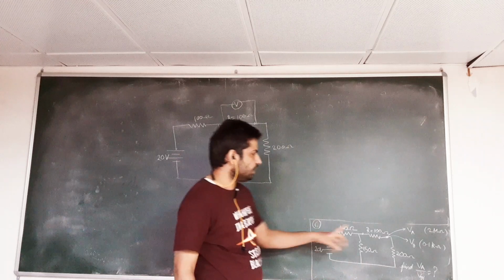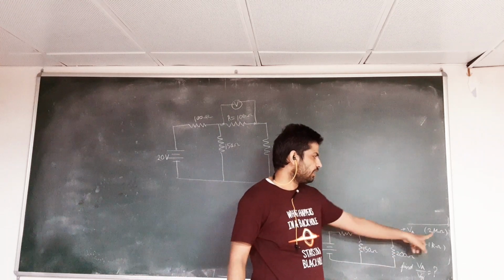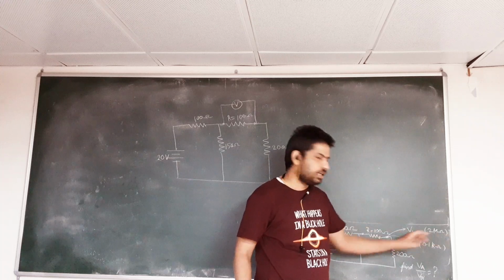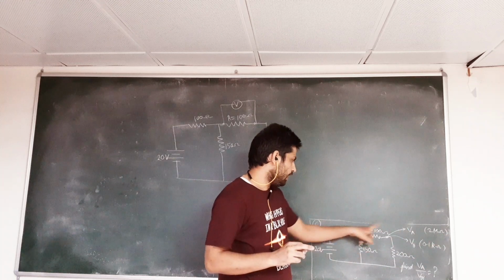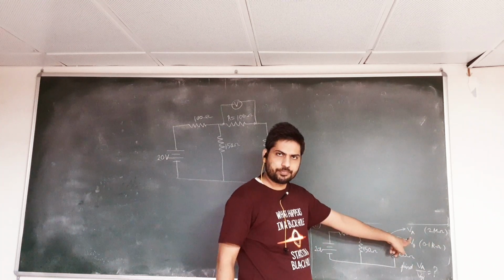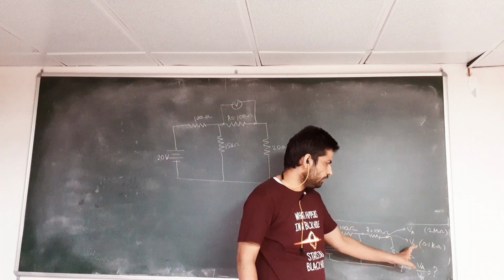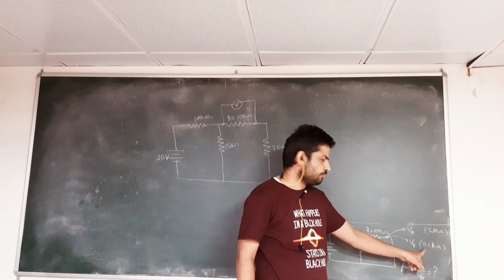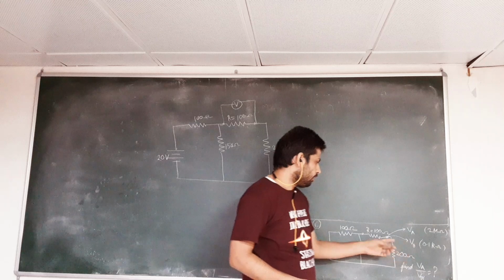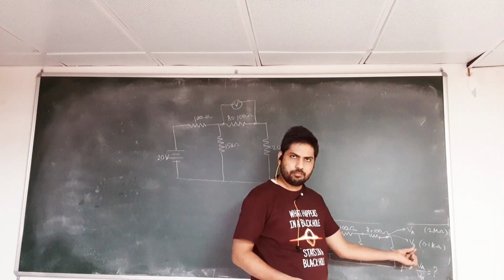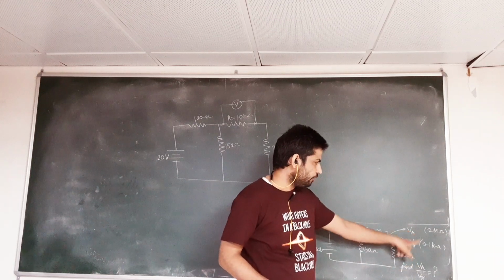If we are connecting a voltmeter with internal resistance 2 mega ohm, then the voltage across this resistance is VA, and if you connect a voltmeter with internal resistance 0.1 kilo ohm, then the voltage dropped is VV. So you have to find the ratio of VA and VV.